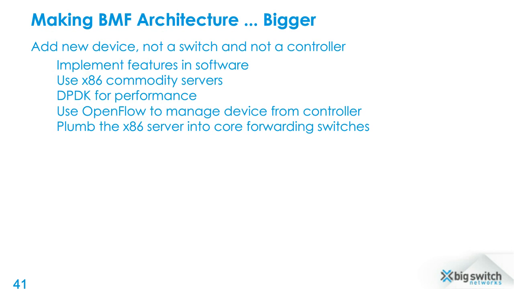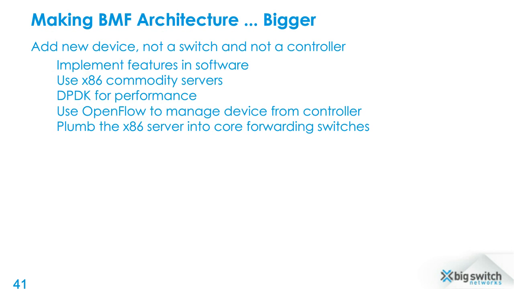Finally, what we also want to do is plumb these x86 servers into the fabric in such a way that the controller can completely manage all the data that's moving to these devices and redirect it once it comes out of these devices to send it towards some endpoint.